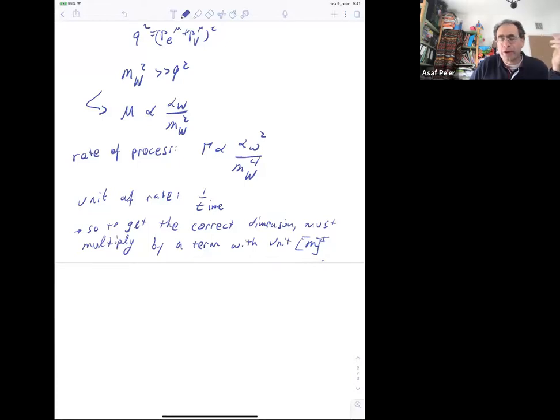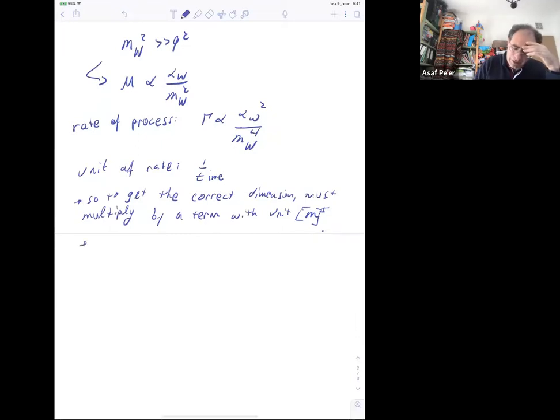You can think of the mass of the quark if you want, but that's going to be less. Of course, this is not really the case. I have to actually consider everything: the mass of the daughter particles, the wave function, the spins, whatever. I'm just elegantly ignoring all of that. So I'm just left with the mass of the neutron, just to get the right dimension.